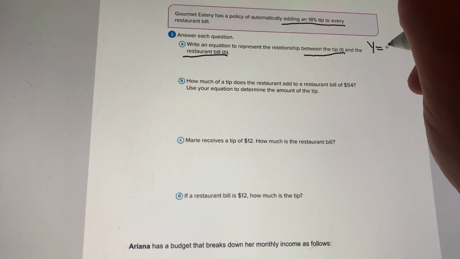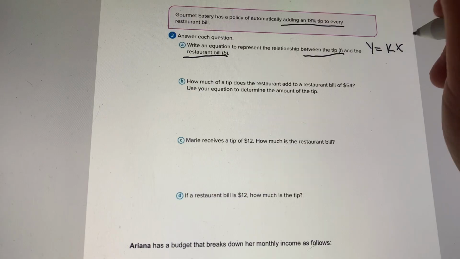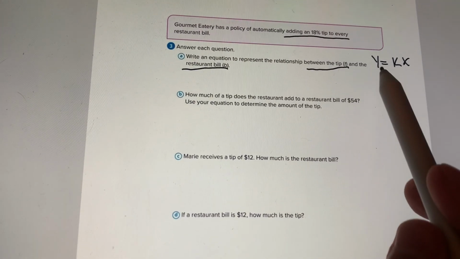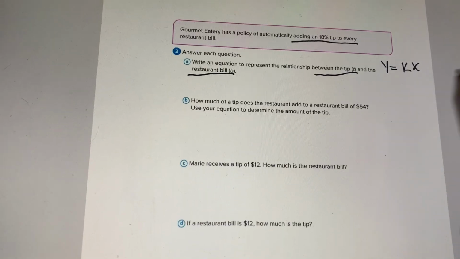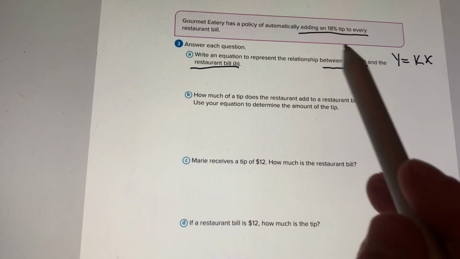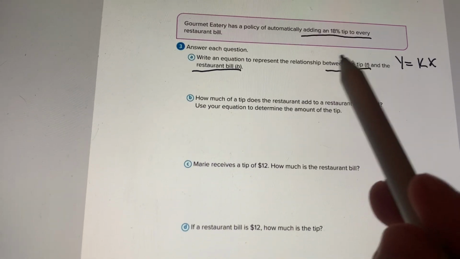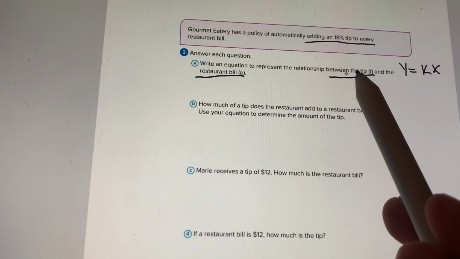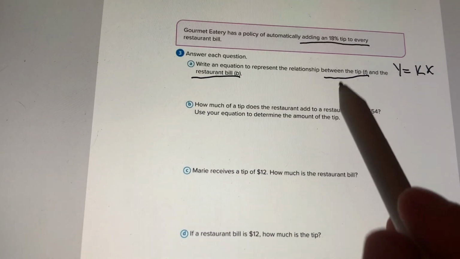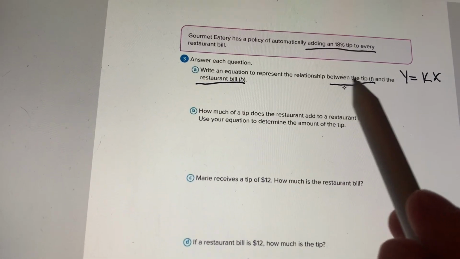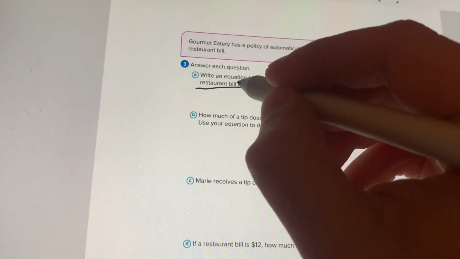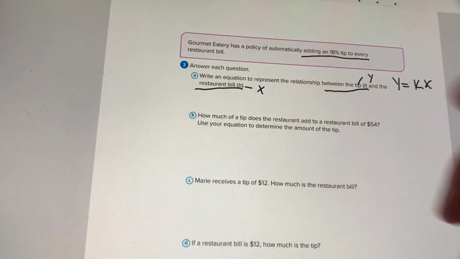It's going to look like Y equals KX, where K is our constant, Y is our Y variable, and X is our X variable. So we need to make this equation using our variables and our constant. So how this is saying it is we have a relationship between tip and restaurant. So since this comes first, it's going to be our Y, B is going to be our X.